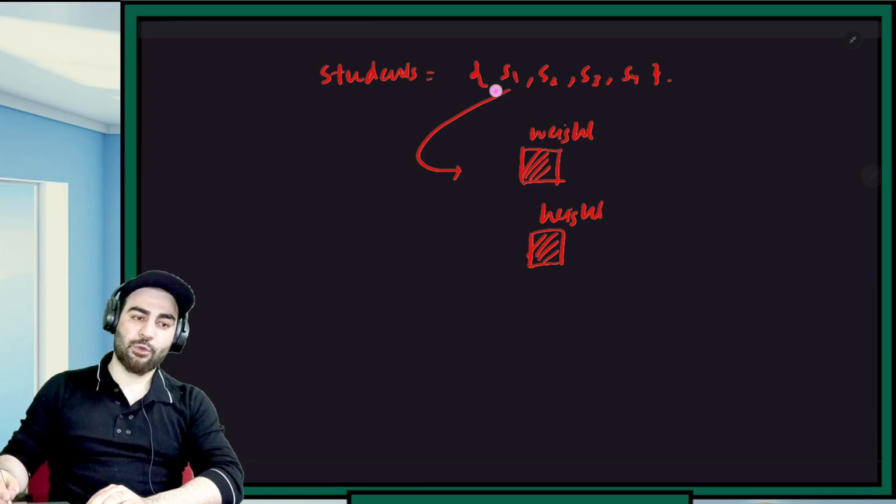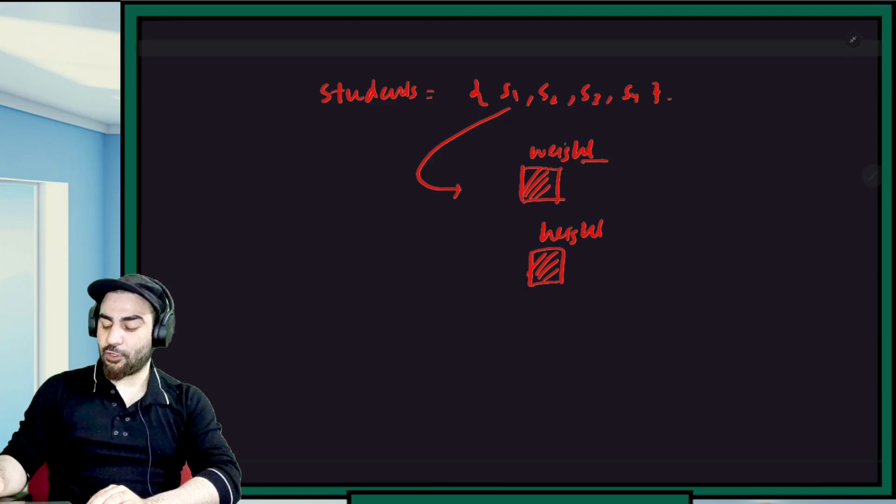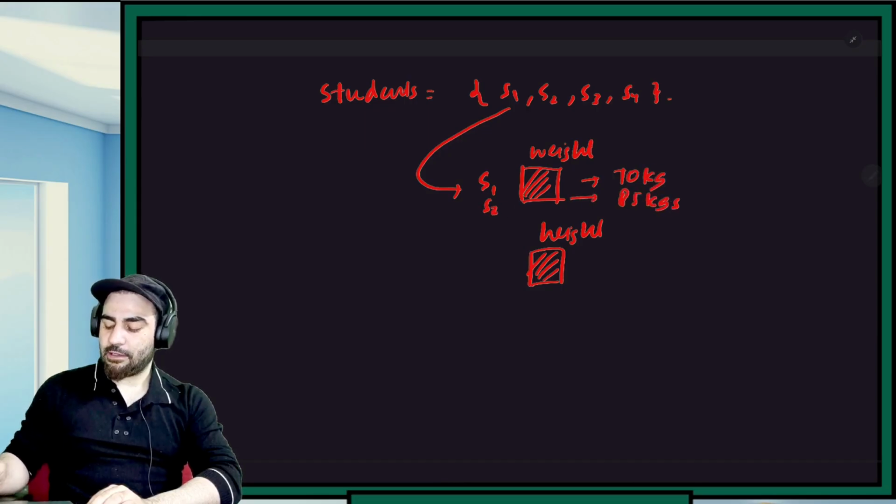You give these students as input, sample them randomly, and the functions give the corresponding values. S1 has weight 70 kilograms and S2 has 85 kgs. S1 has height 1.7 meters and S2 1.8 meters, something of this sort.